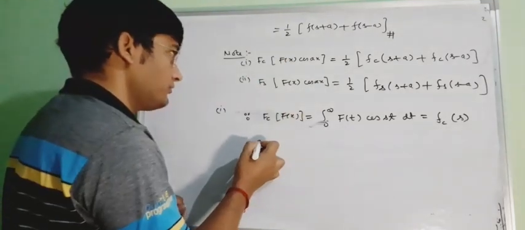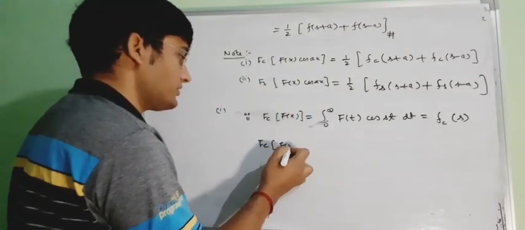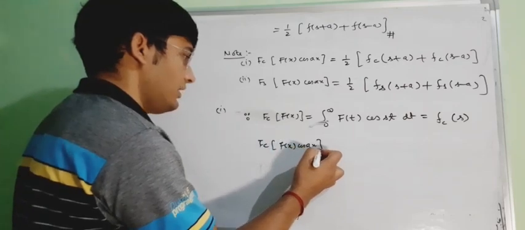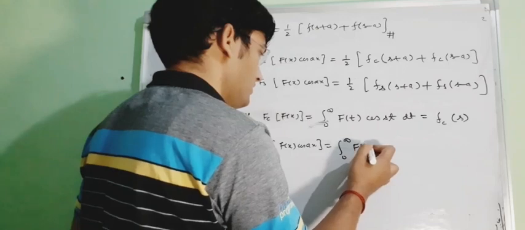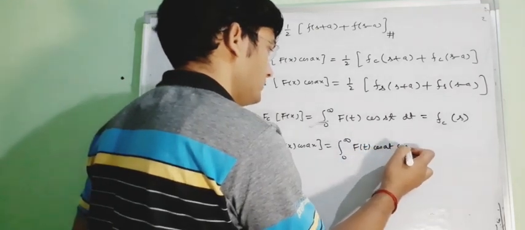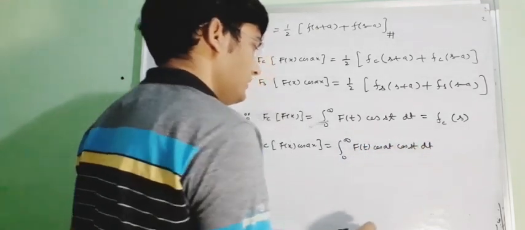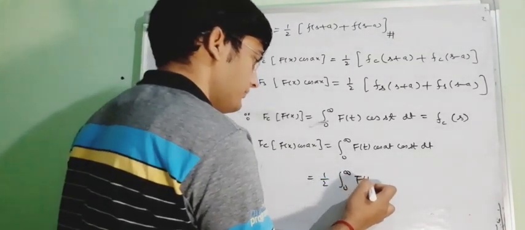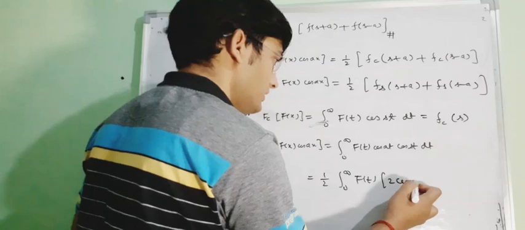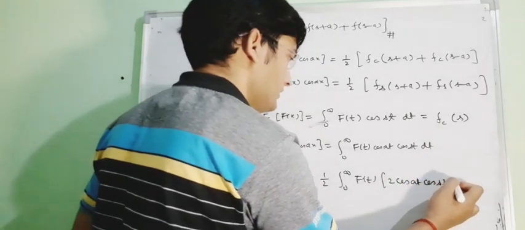Now let us prove the first part, which is f(x) cos ax, and this is equal to the integral from 0 to infinity of f(t) cos at, then cos st dt. Now we can write it as half the integral from 0 to infinity of f(t) times 2 cos at cos st dt.